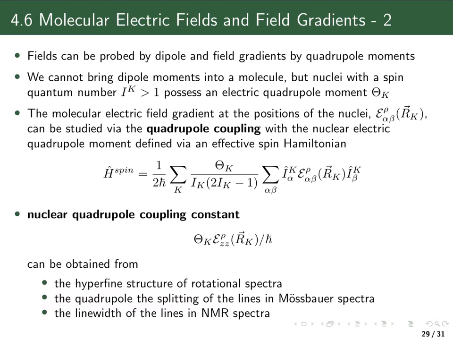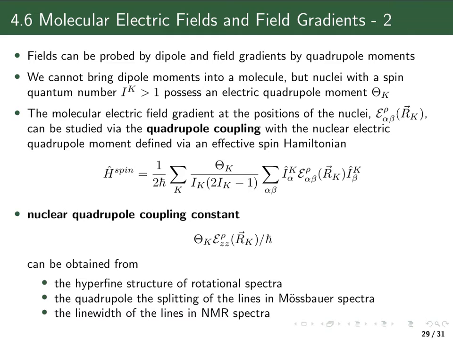But nuclei do not have electric dipole moments. Some nuclei, however, have electric quadrupole moments, and that's the nuclei which have a spin quantum number larger or equal than 1. They possess an electric quadrupole moment.